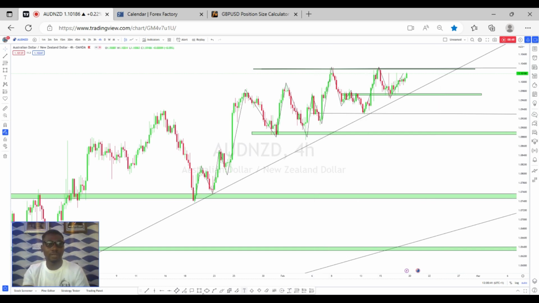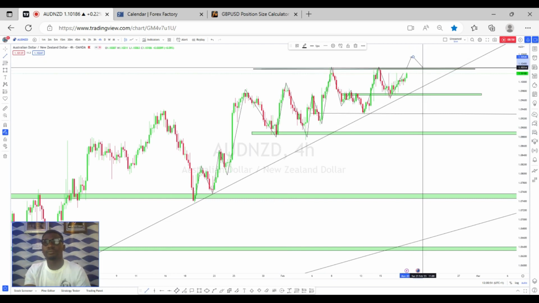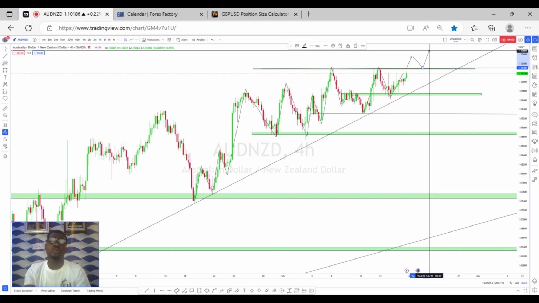What I'm expecting going forward is that if we break out of these previous highs, then we get a retest. From here we'll be looking at a chart pattern or candlestick pattern that will give us the indication to buy in the market.